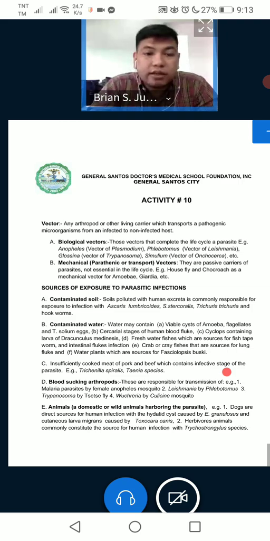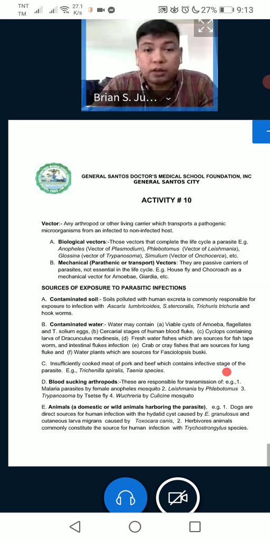Another type of vector is the mechanical. Mechanical vectors are para siyang transporter or carrier host. Tinatawag siyang paratenic or transporter vectors. They are the passive carriers of parasites, not essential in the life cycle. Ibig sabihin, katulad din ng carrier host, there are no morphologic changes na nagaganap sa parasites sa loob ng katawan nila.